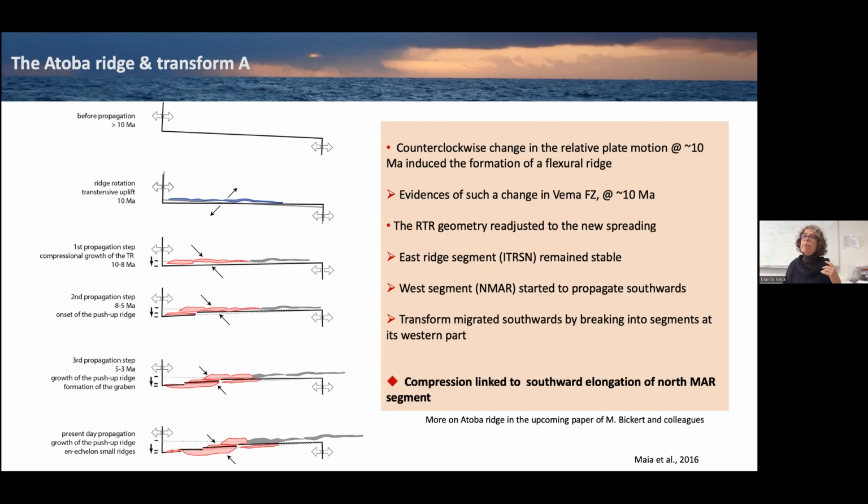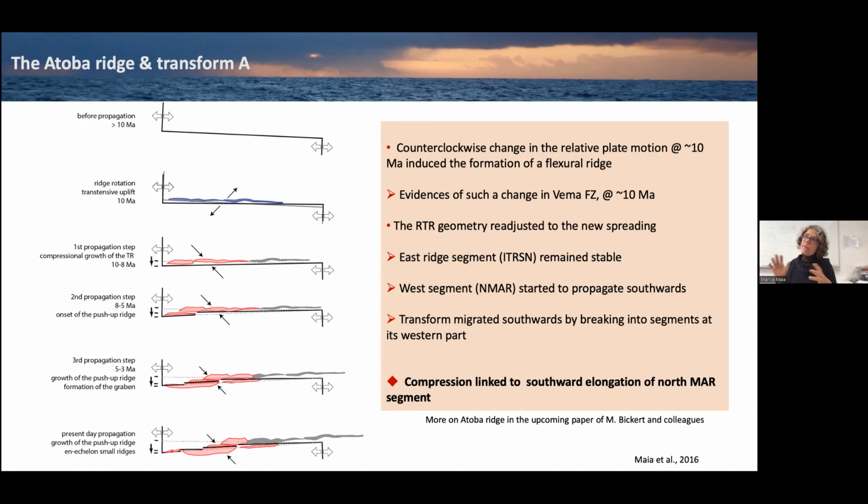The origin of the ridge itself is actually linked with a small change in plate motion about 10 million years ago that created on the Vema the large flexural ridge. So here in this area you also had a flexural ridge that sits on the northern lithosphere. It's the blue ridge here.